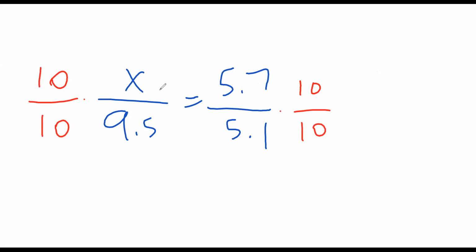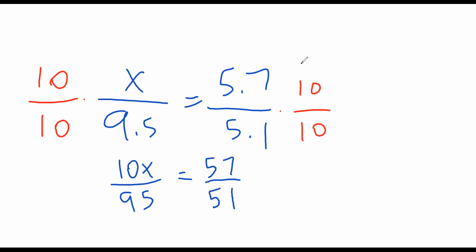I'm still going to have 10x here, though. I can't avoid that, but this is what we call clearing out decimals. So you're going to have 10x over 95 equals 57 over 51.